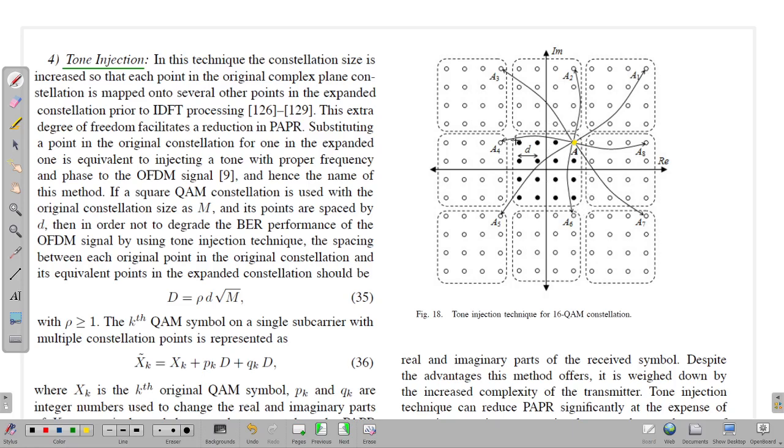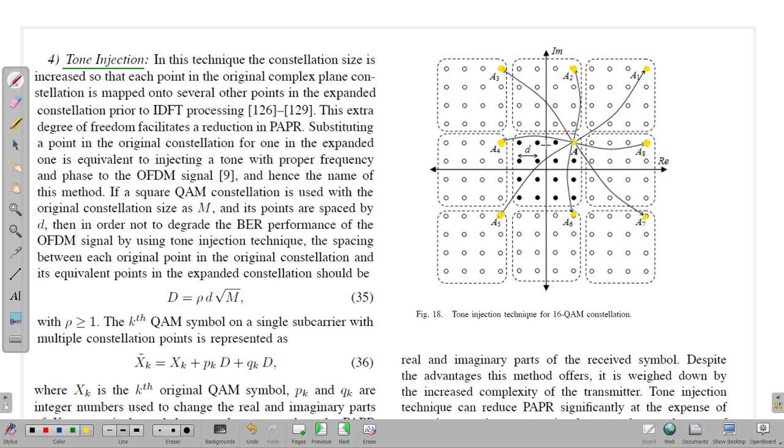So the original constellation, which has 16 symbols, is expanded to a higher order constellation like you see in the figure, and this symbol can be mapped to any of these constellation points. Same is the case with every other point in this original constellation.